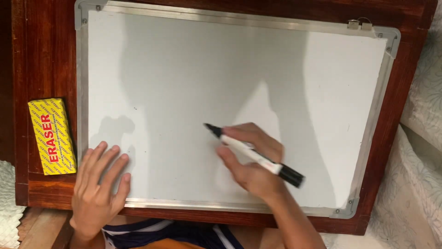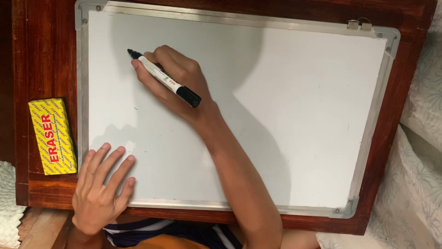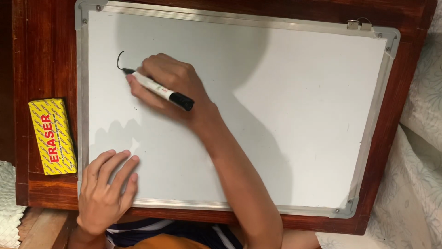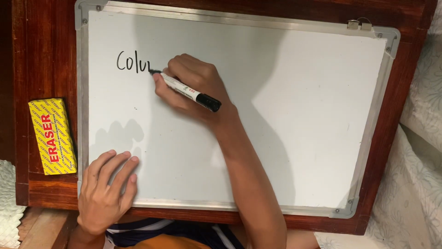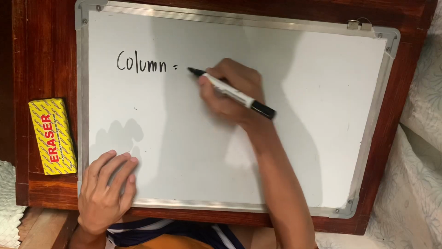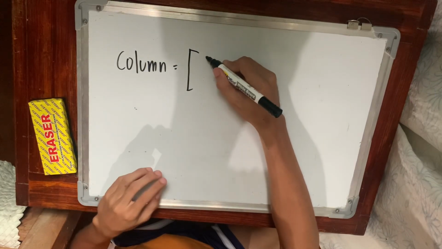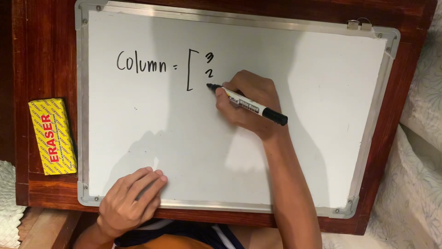Suppose we have a column vector. When we say column vector, it is like this. Suppose that we have the numbers 3, 2, 1.